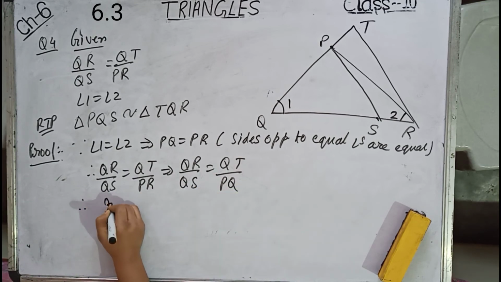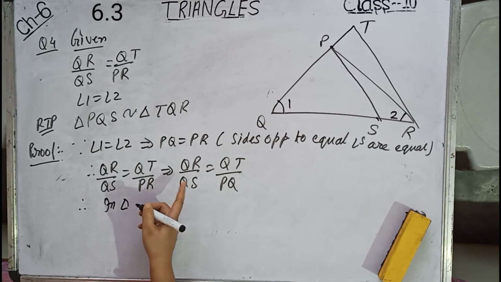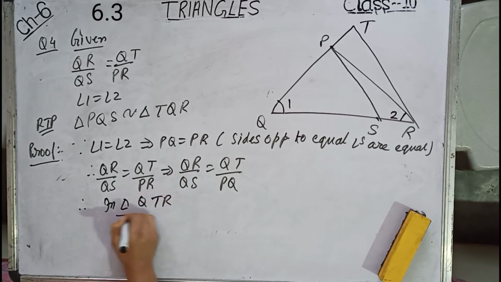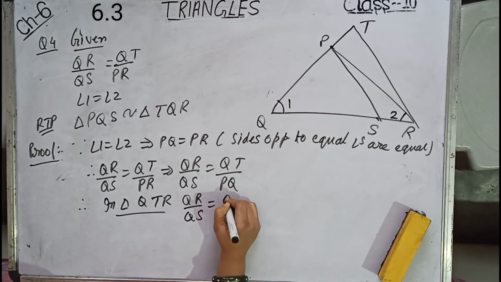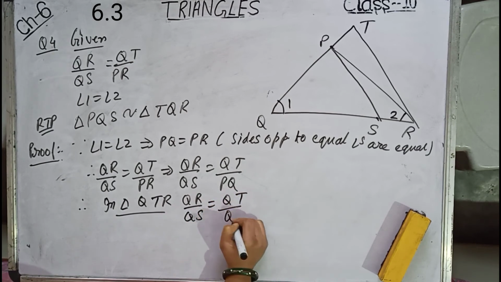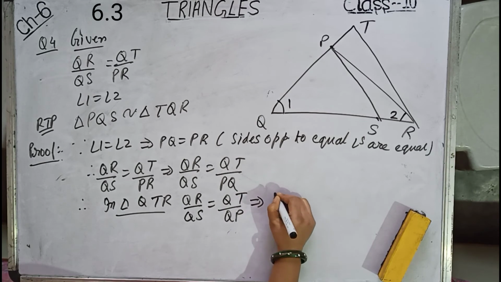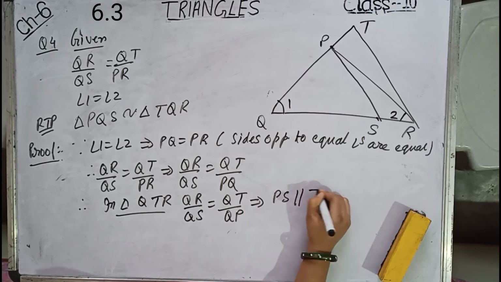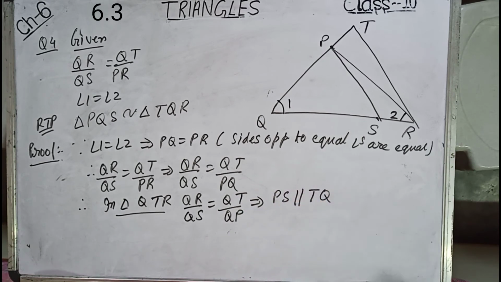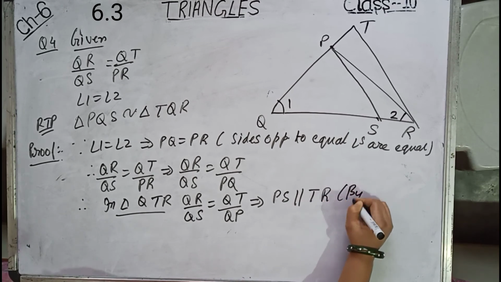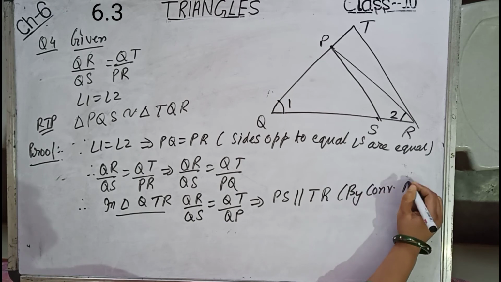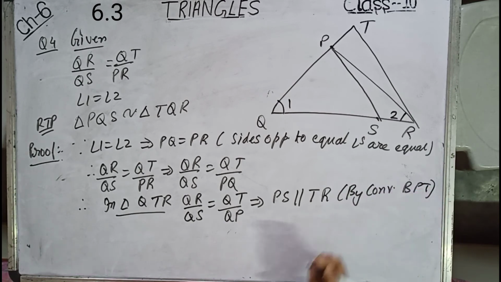Therefore, in triangle QTR, QR by QS equals QT by QP implies PS is parallel to TR by converse of BPT.